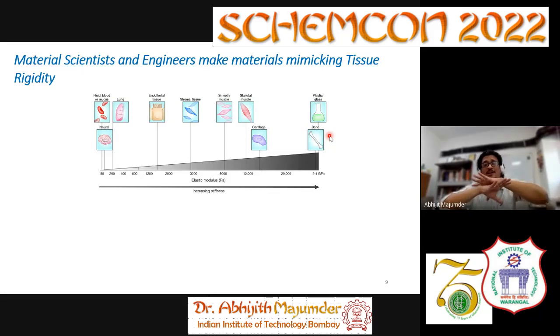So our body has all different ranges of stiffness in different tissues, and nature has made, after billions of years of evolution, different stiffness of different tissues because it is required. So the tissue-specific stiffness is required to maintain the function of the tissues.